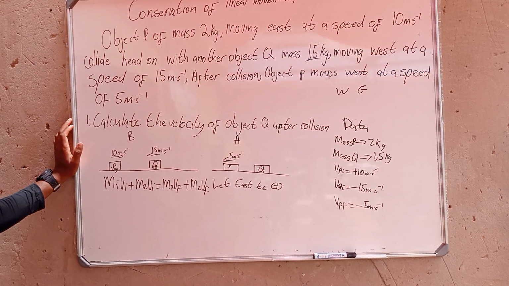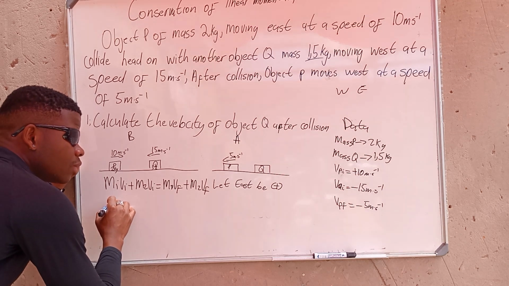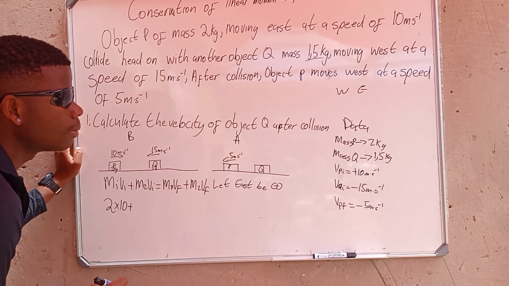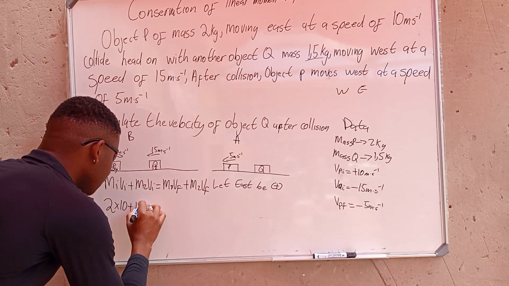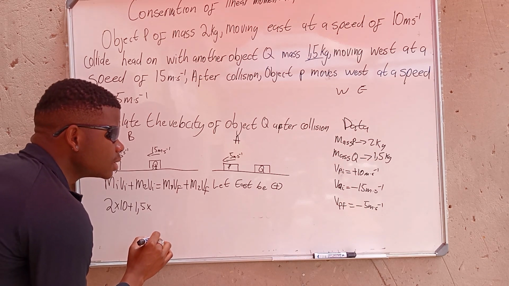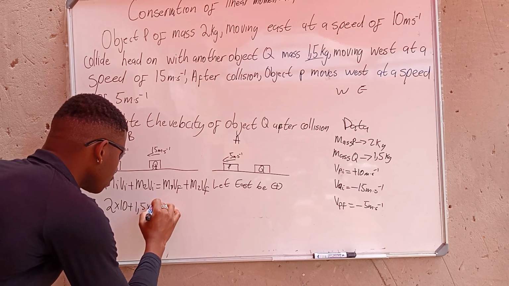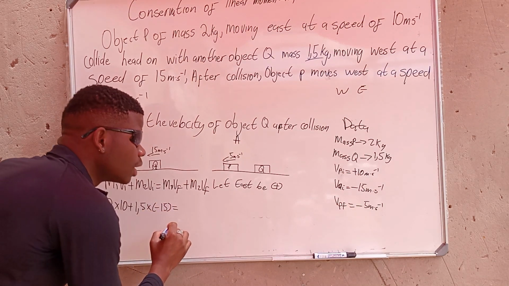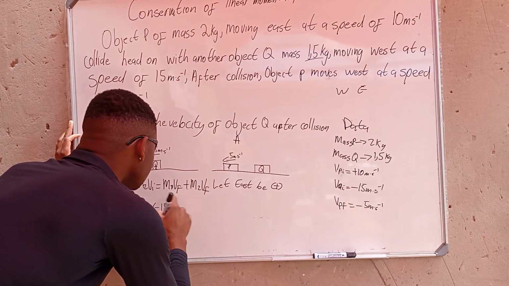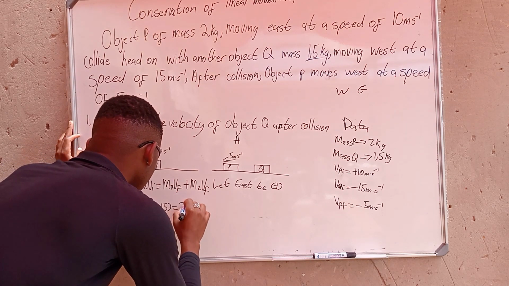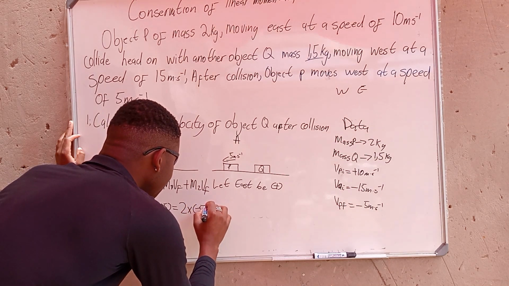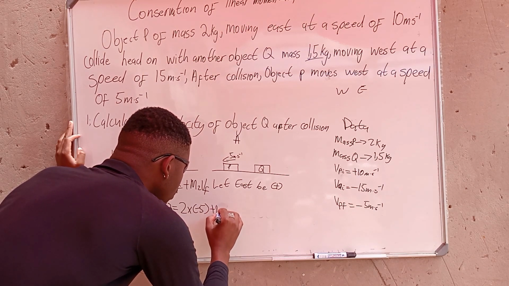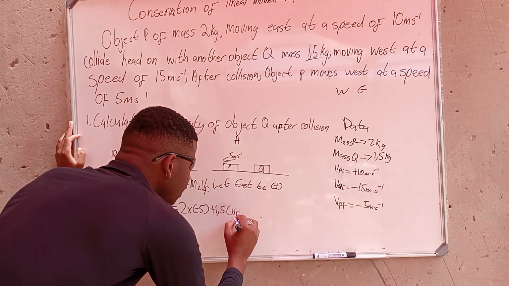Then you just substitute your values into the formula. 2 multiplied by 10 plus 1,5 multiplied by negative 15 is equal to 2 multiplied by negative 5 plus 1,5 multiplied by VF.